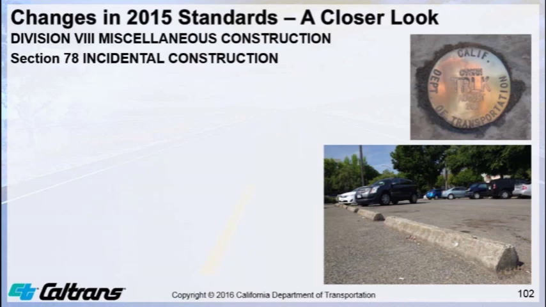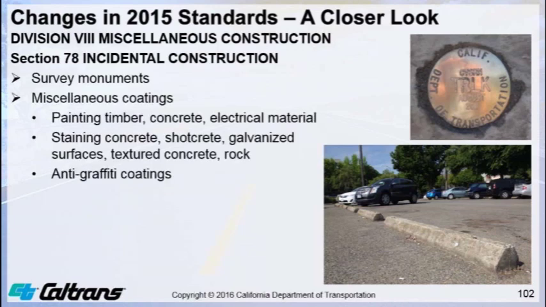incidental construction. The content includes the revised 2010 standard specifications and some additional specifications because of the reorganization. So survey monuments from 2010 section 81 were moved here. We also moved the miscellaneous coatings from 2010 section 59, the painting of timber, staining of concrete, galvanized surfaces, and textured concrete and rock, into this section.